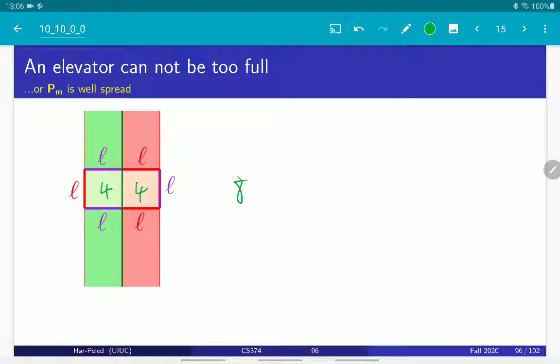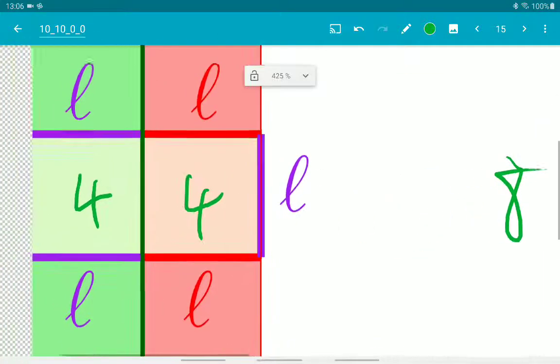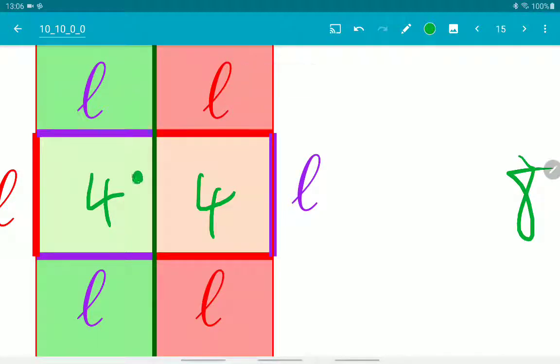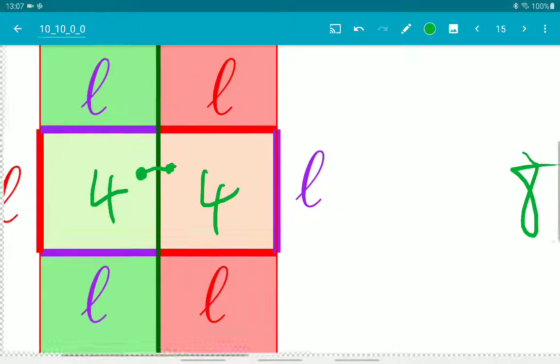Now, the key observation is that if we have 2 points on different sides of the border that realize the closest distance, then there must be a way to place the elevator such that those 2 points will be inside the elevator. And if those 2 points are inside the elevator, then we can check the distance between them. Okay, so this is a bit hand-wavy.